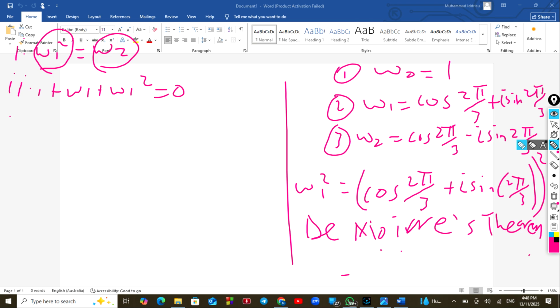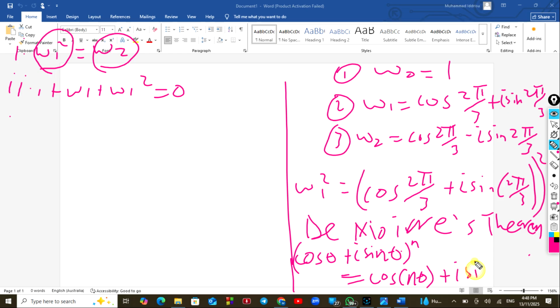So De Moivre's theorem states that cos theta plus I sine of theta, all to the power n, is equal to cos of n theta, so we multiply the n by the theta, plus I sine of n theta.